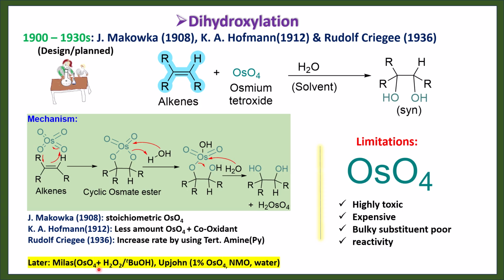Later, there were many developments on this hydroxylation giving good yields, like Miller's hydroxylation, where Abjon hydroxylations only use 1% osmium tetroxide. These are the reaction conditions they have used.